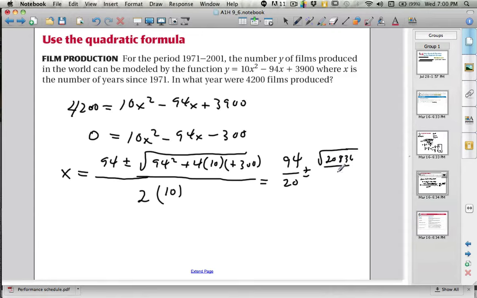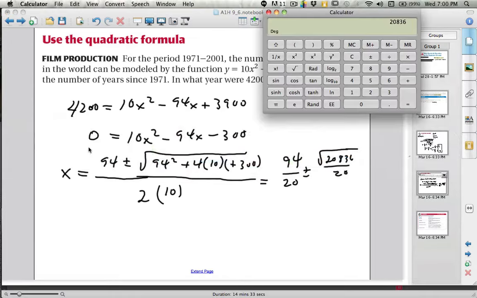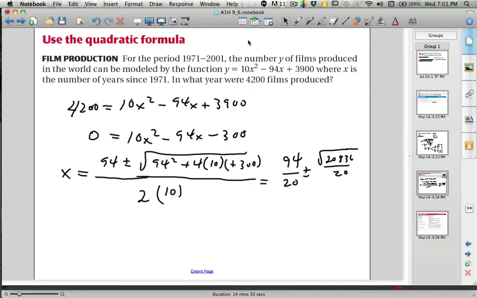Okay, so I'm going to have the root of 2836 all over 20. Let's hope that that's a perfect square or something. That would be really nice, but it's not. It's 144.37. We're just going to call that 144 because we're talking about numbers of films, or number of years.